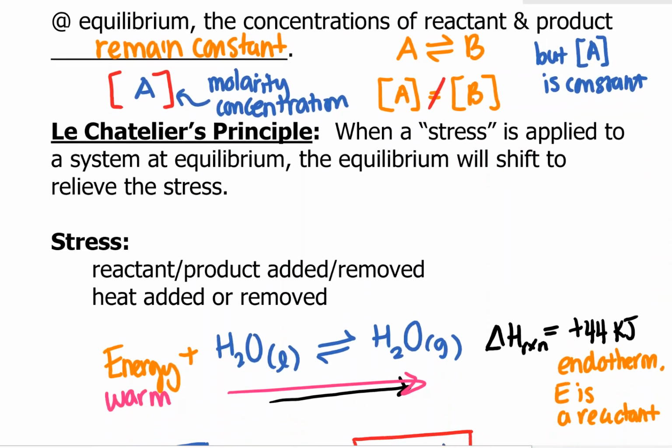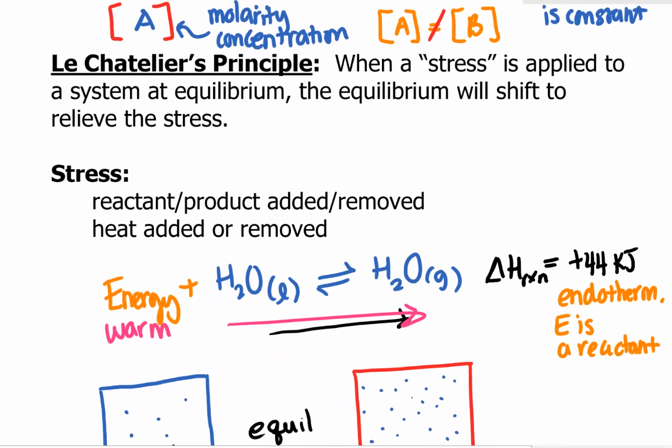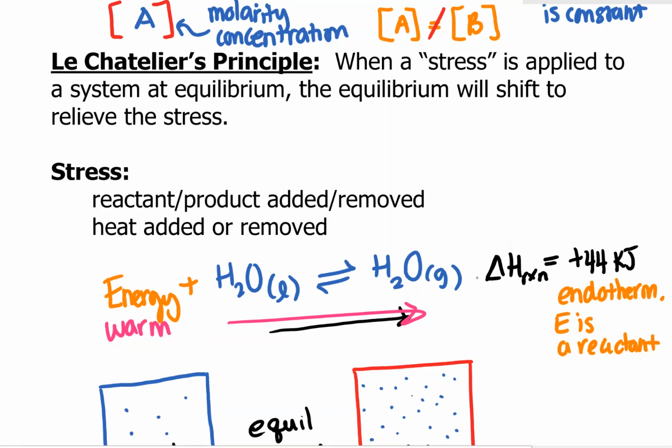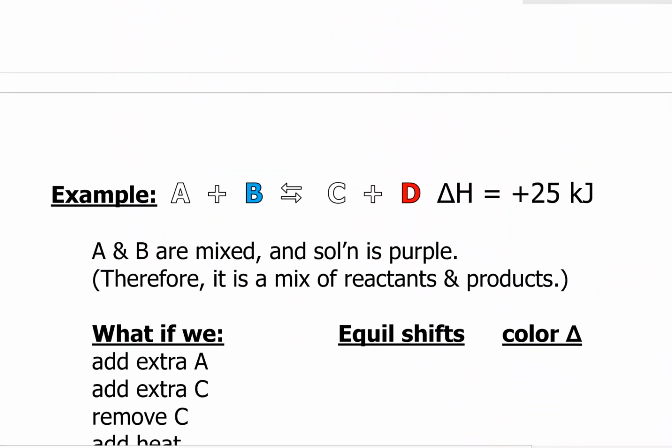Okay, and so the stresses that you can have, it can be an energy stress like heating or cooling, but it also could be a reactant or product that is added or removed. In a lot of the reactions we're doing today, the reactants have colors, and that's how you can tell how the equilibrium is shifting.